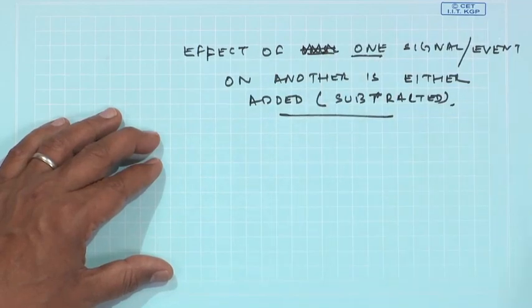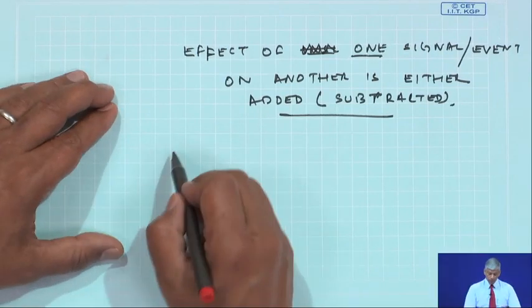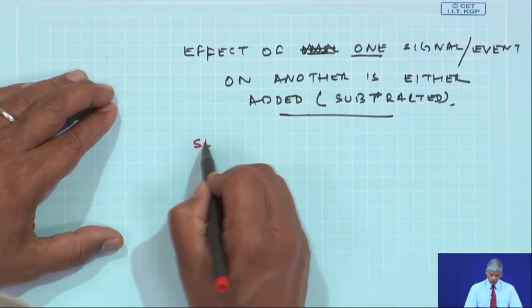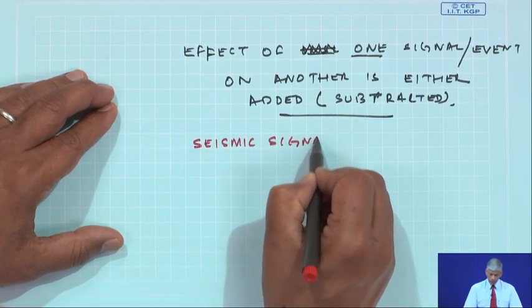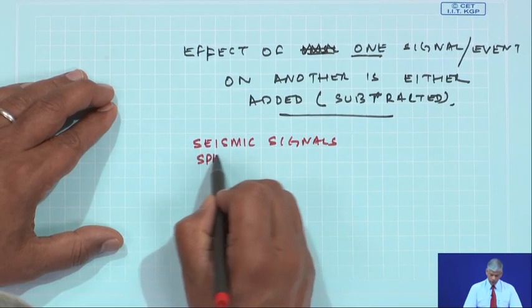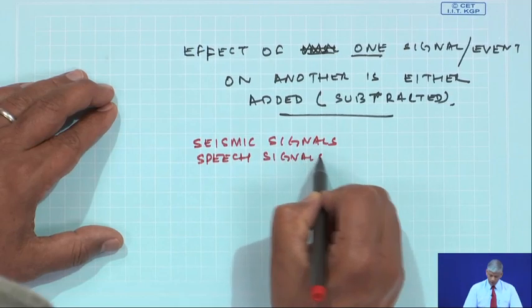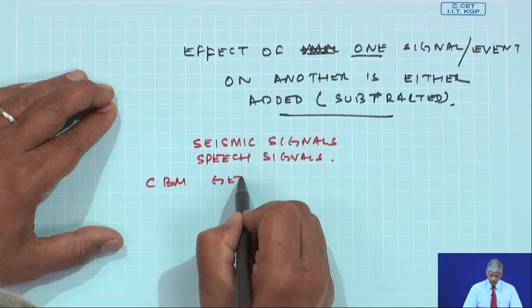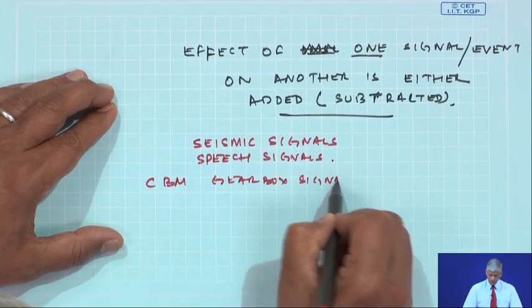This effect could be, for example, Cepstrum is used to understand seismic signals, understand speech signals, and in CBM understand gearbox signals.